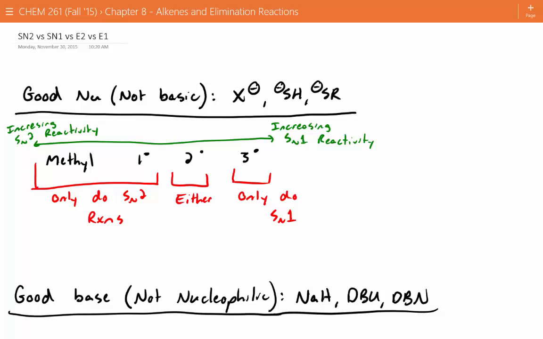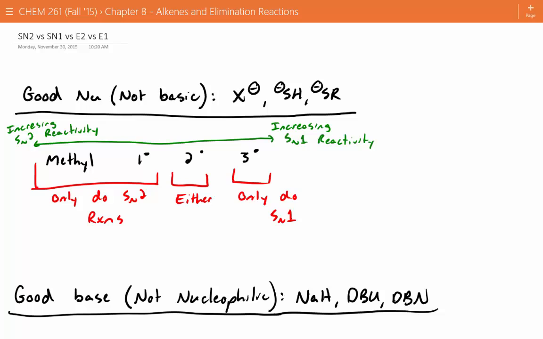All right, what is maybe one technique we could use to favor SN2 on a secondary carbon instead of an SN1? What do you guys think? Solvent. So we could change it to a polar aprotic solvent, destabilize that nucleophile, favor SN2 over SN1. The other thing we have to look at oftentimes is sterics. So if you've got a big bulky group hanging off, SN2 might not be favored.